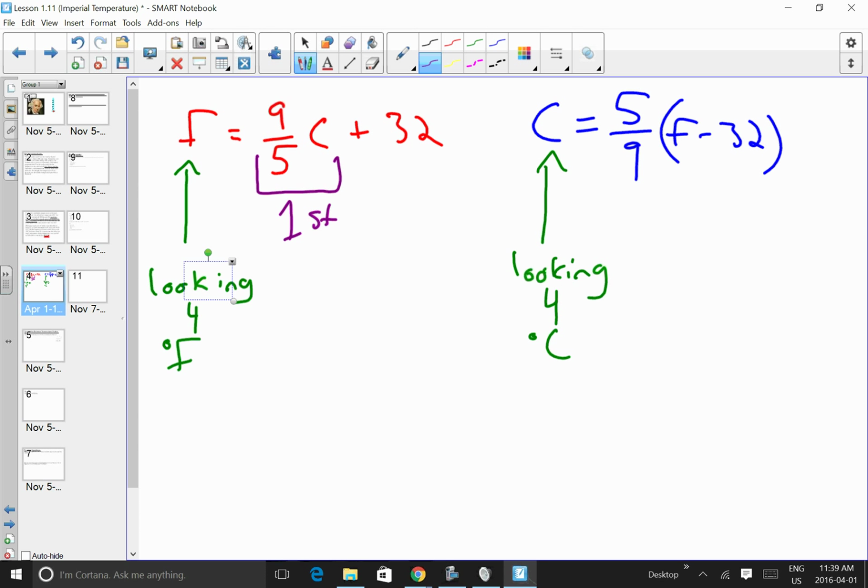Whereas if you're using this formula, make sure you do the brackets first, and then multiply by 5 over 9. Okay, let's see what this looks like in some examples.